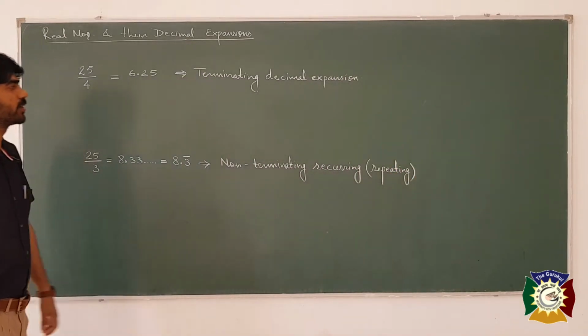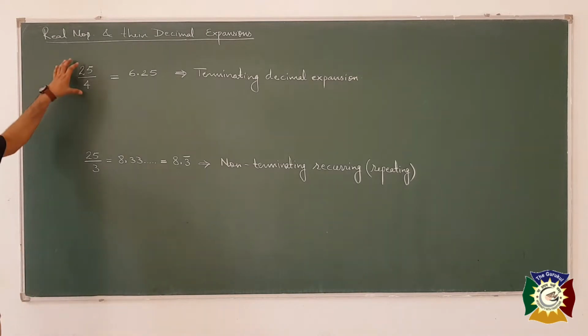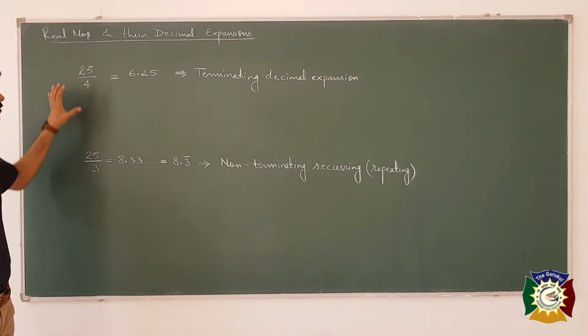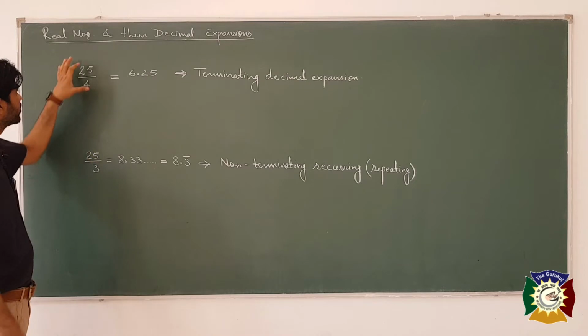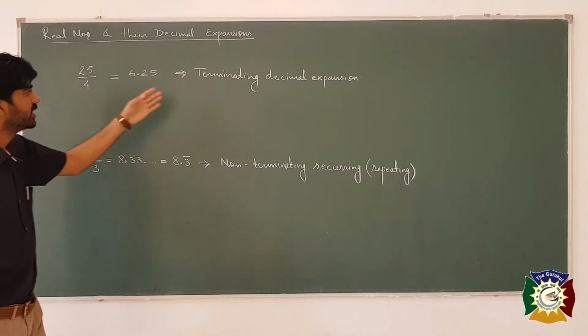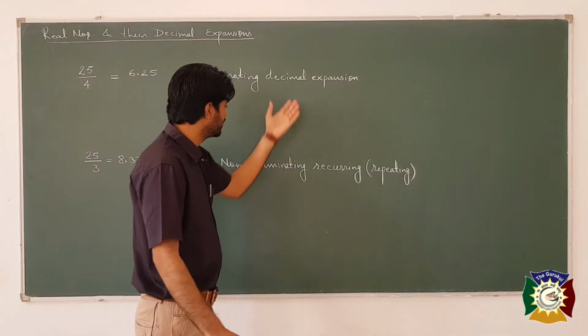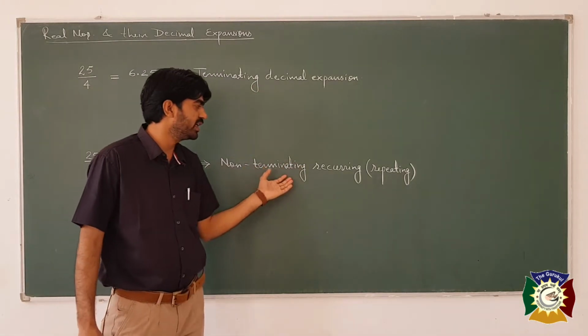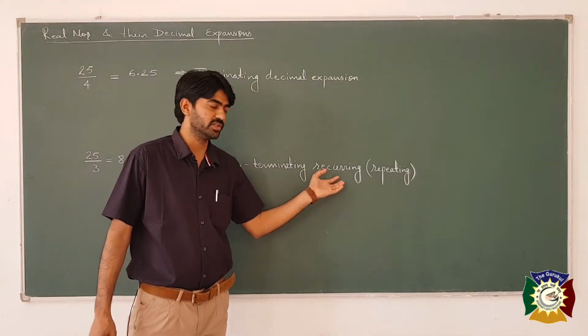These were the decimal expansions for rational numbers, because this is a rational number and this is also a rational number. So we are getting terminating decimal expansion, or non-terminating recurring decimal expansion.